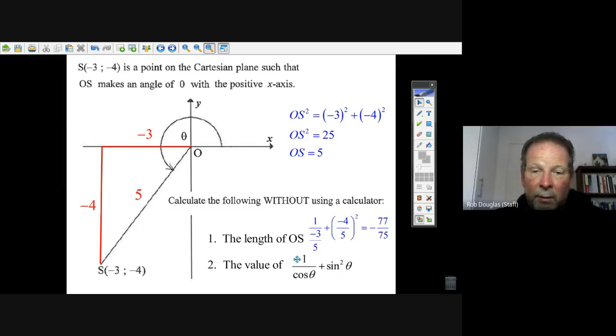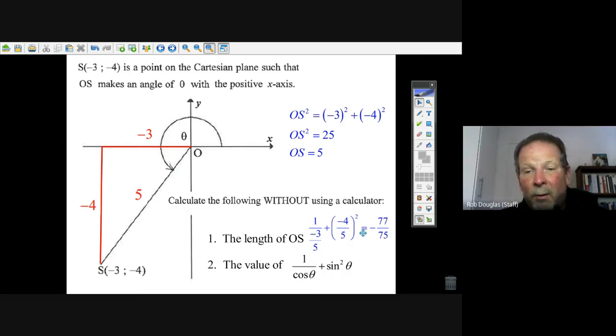So all I've done is replace cosine with -3 over 5, replace sine with -4 over 5, and this little 2 at the top means that it's squared. Sometimes maybe you know how to make that 16 over 25 and combine the fractions, but you could type this into your calculator so that it looks exactly like this.